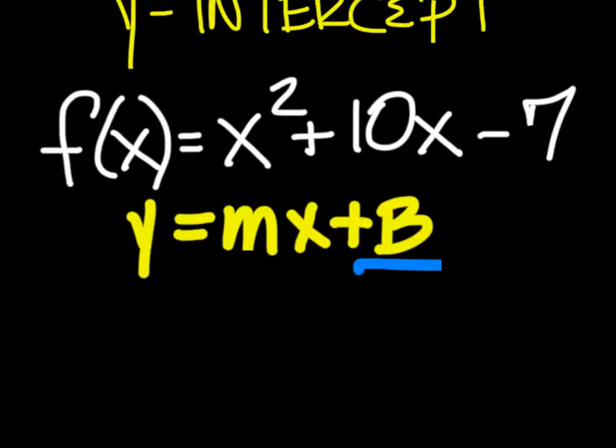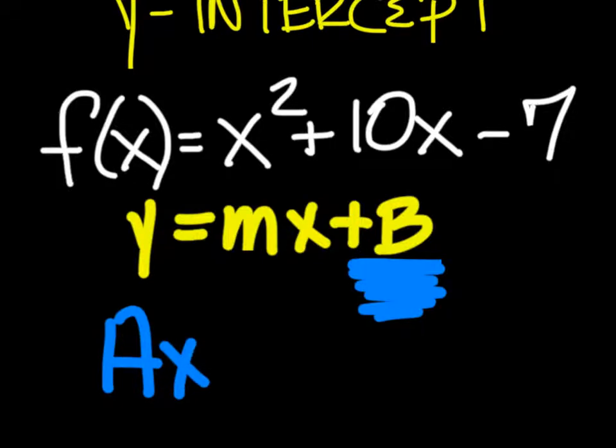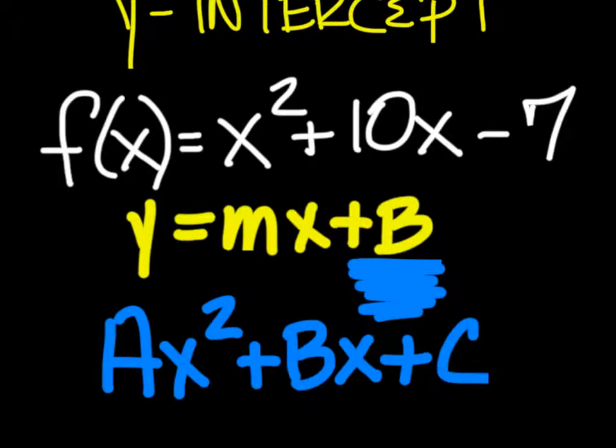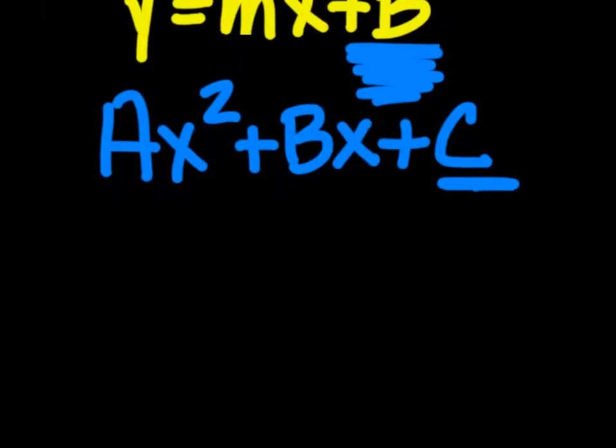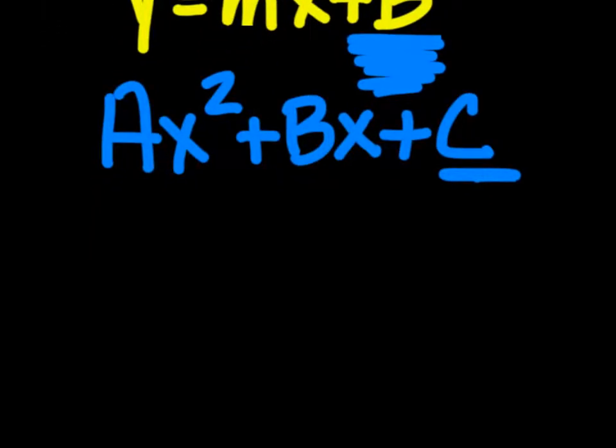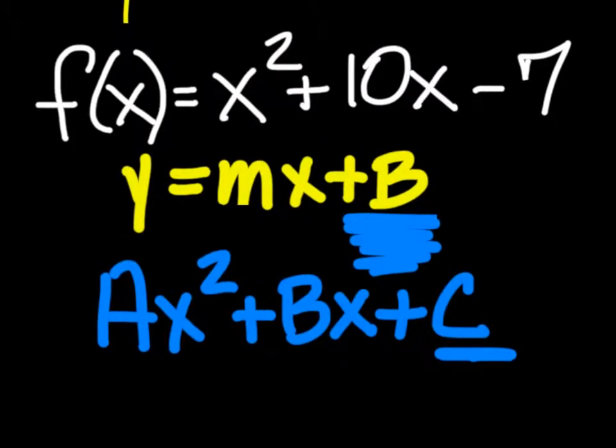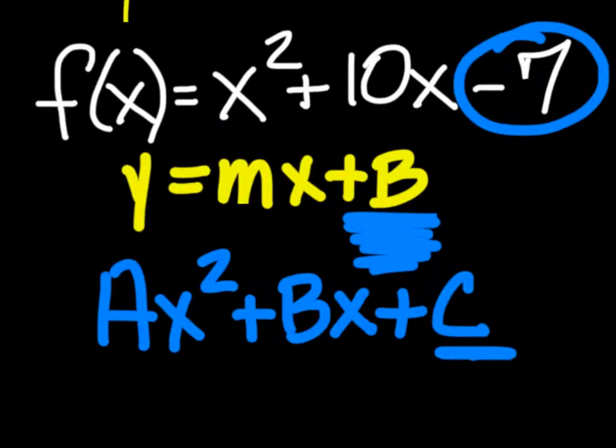And in that case it would be this down here, but we're not doing a linear equation, we're doing ax squared plus bx plus c. So where is the y-intercept in a quadratic equation? It's at c. So c is going to be the y-intercept. And in this case it is -7.